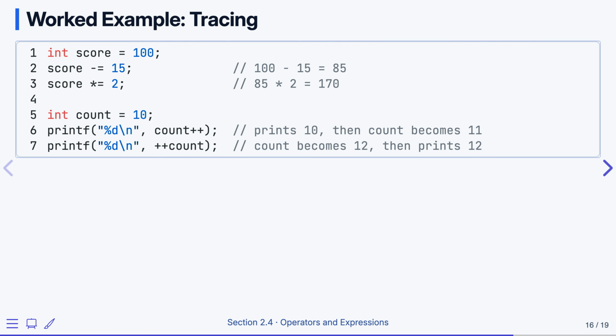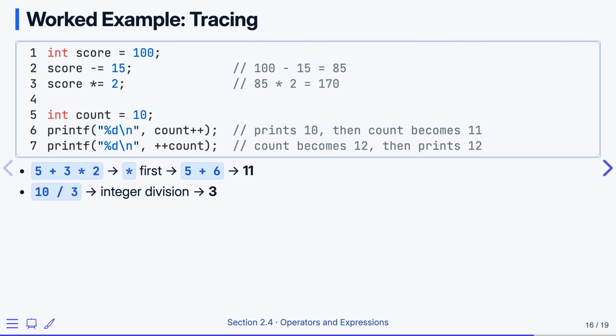Pre-increment bumps count to 12 first, then prints 12. Remember precedence. 5 + 3 * 2 does the multiplication first, giving 11. 10 / 3 is integer division, so the answer is 3. But 10.0 / 3 has a floating point operand, so you get 3.333.